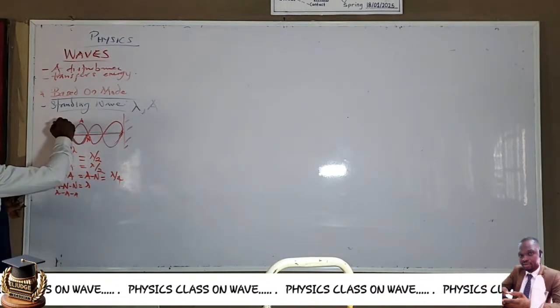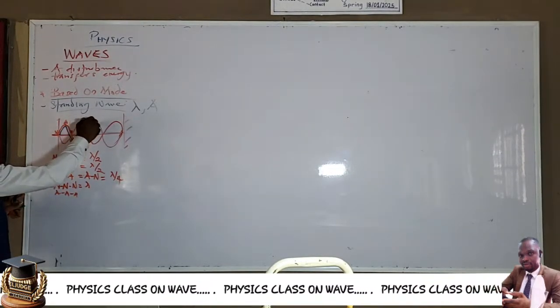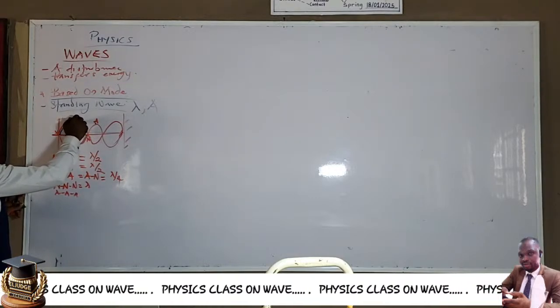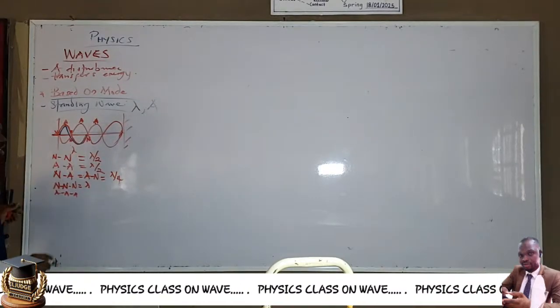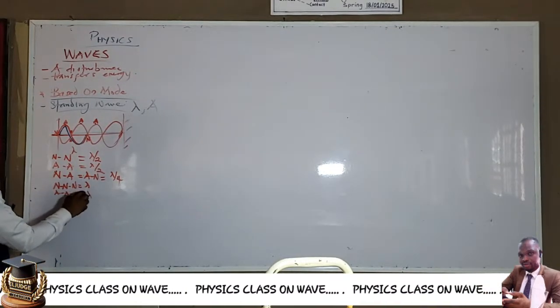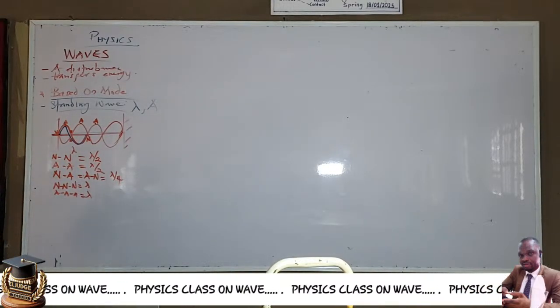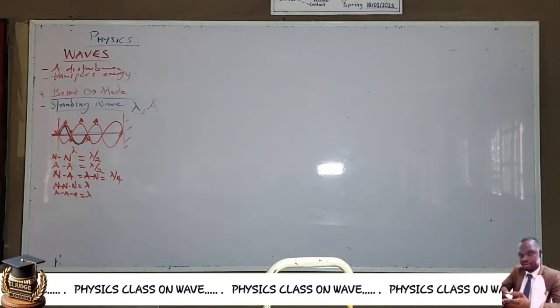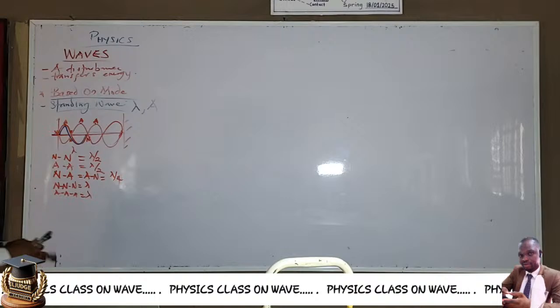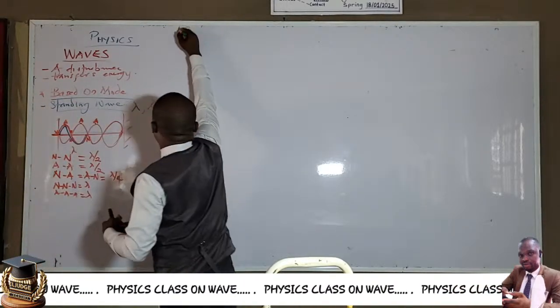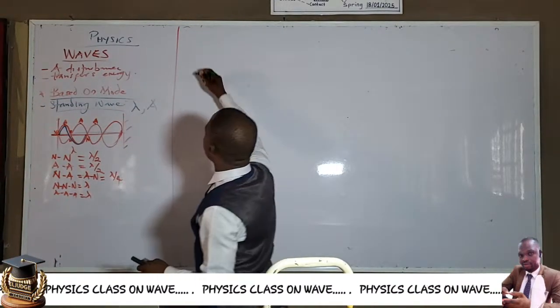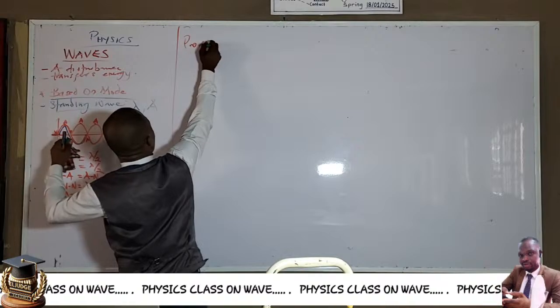That is, the distance from here to this next one is called lambda. That's for a standing wave.